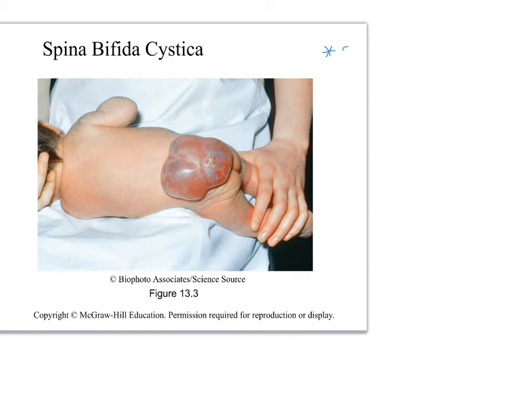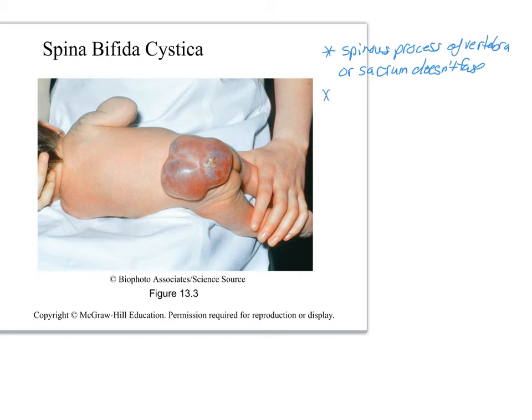Basically, it's where the spinous process of a vertebra or sacrum, whether it's a sacrum or a lumbar vertebra, or it can also be thoracic, doesn't fuse, all right? So that there's no bone covering that, so you don't have a good vertebral arch. So that basically all you have between the skin and muscle and the spinal cord is the dural sheath, okay?